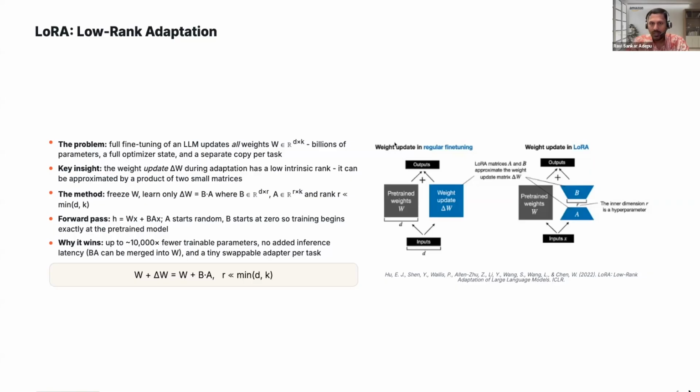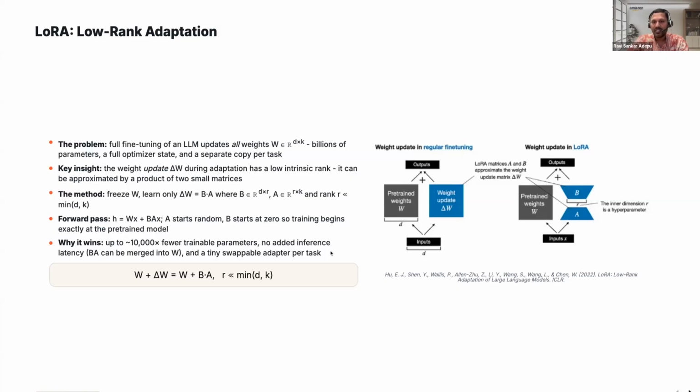When you fine tune, the change to the weights, let's call it delta W, doesn't actually need to be full rank. In practice, that update actually lies in a tiny subspace. Instead of learning a giant dense update, we can approximate it as the product of two skinny matrices.